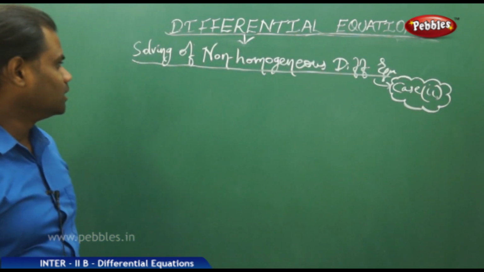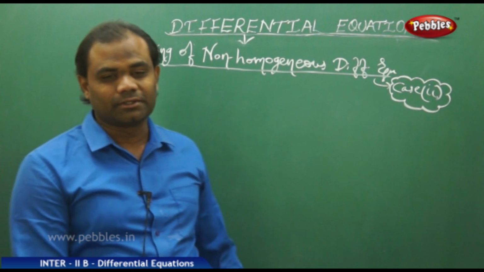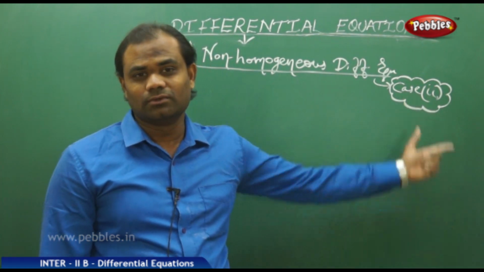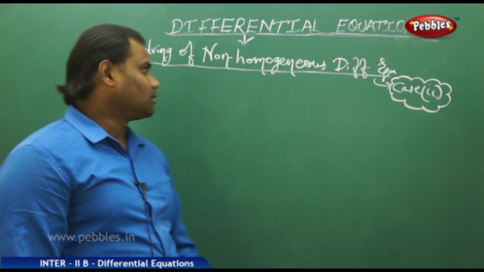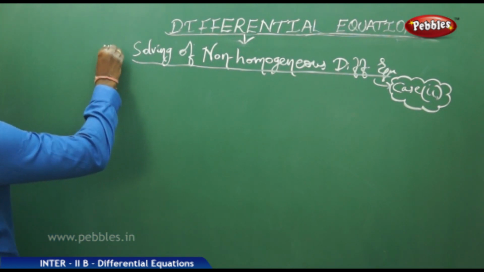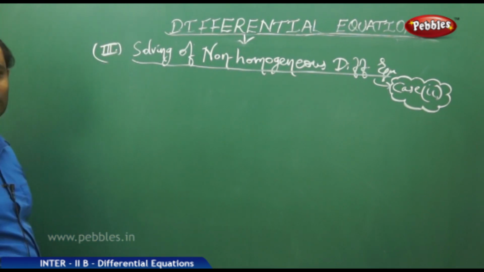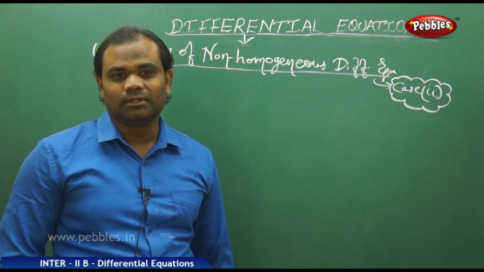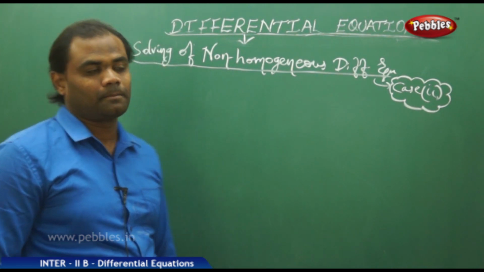Now let's solve a non-homogeneous differential equation which involves case 2 of the method. Now in this case of the third method of solving using case 2, let's take an example problem which involves case 2.